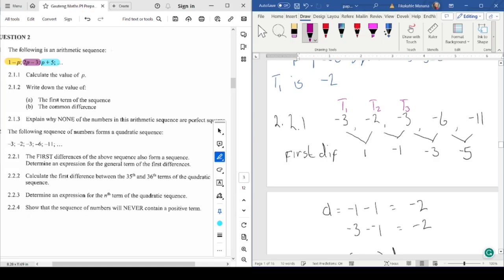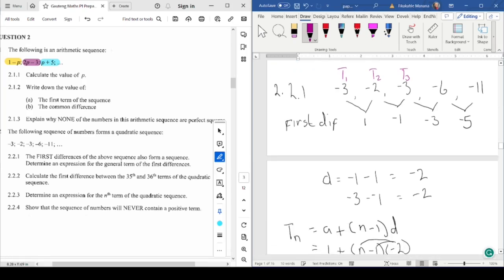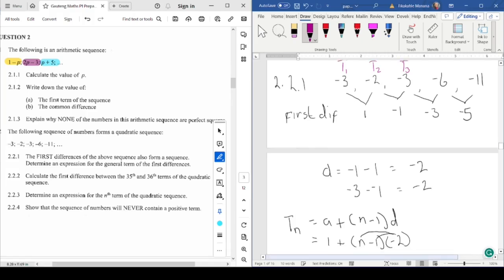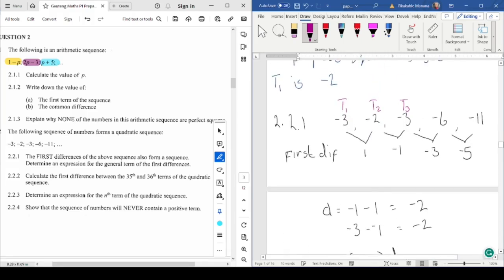They want the difference between the 35th and the 36th term of the original sequence. But because this general formula is for the first difference, if we find the 35th term of the first difference, then we find the difference between the original 35th and 36th term.